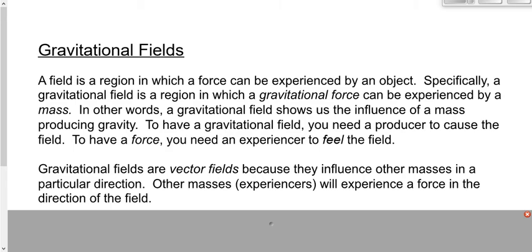The mass will experience a force downward. If we had a scalar field, like we could say a light field, light influences us, but not in any particular direction. Light would be a field, but it would be a scalar field. Gravity is a vector field because it influences things downward in the direction of the field, in a very particular direction.